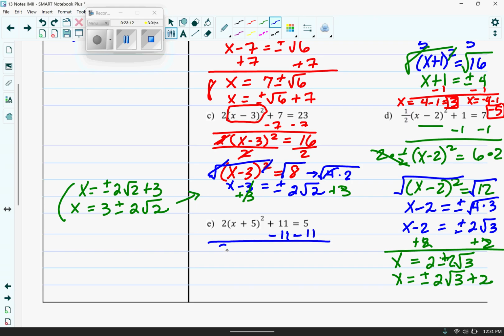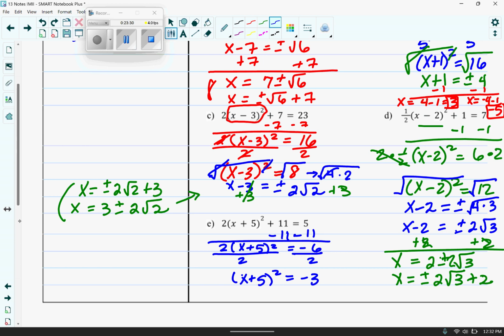So I get 2(x plus 5) quantity squared equals negative 6. Divide by 2, divide by 2. (x plus 5) quantity squared equals negative 3.